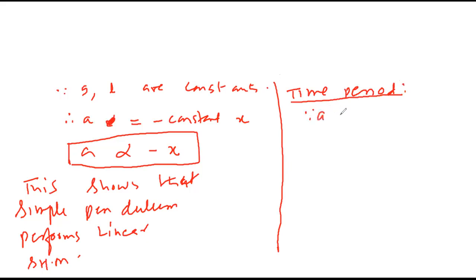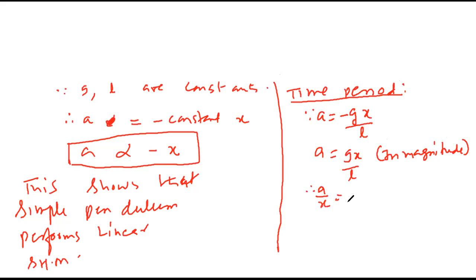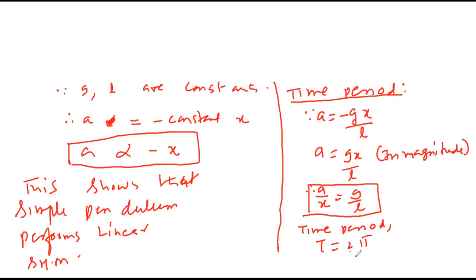Since a is minus g x upon L, I can write a equals g x upon L in magnitude. Therefore, a upon x is g by L. Time period T is 2 pi by omega.